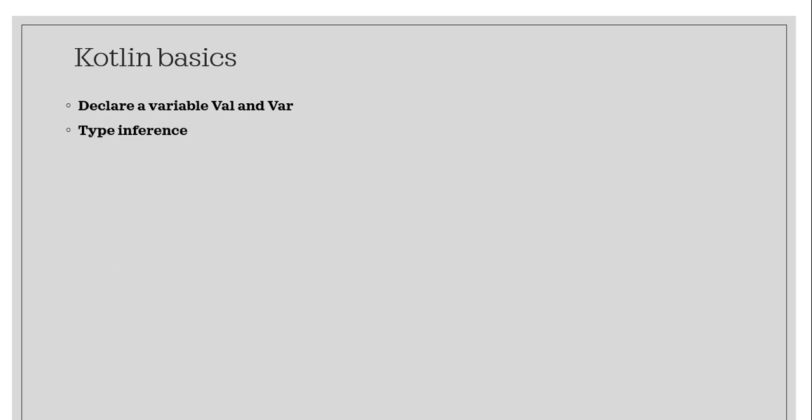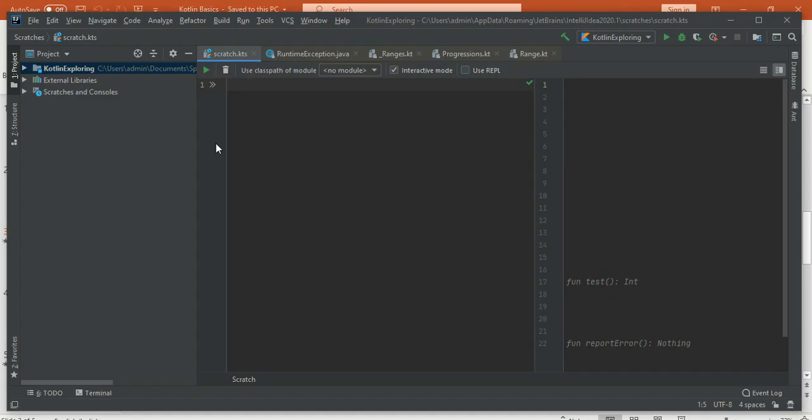Another strong feature of Kotlin is type inference. When I declare a variable x with String as the data type, this is the variable name and this is the data type, and I am assigning a test value.